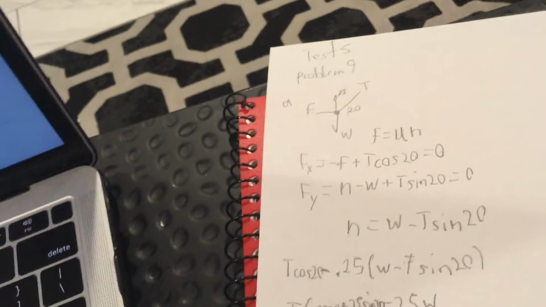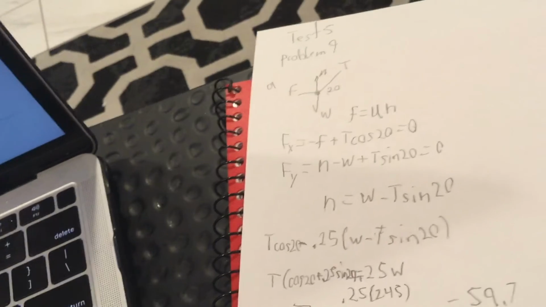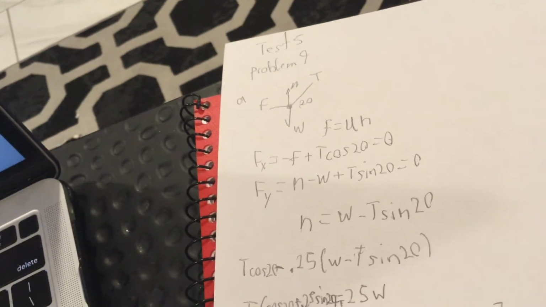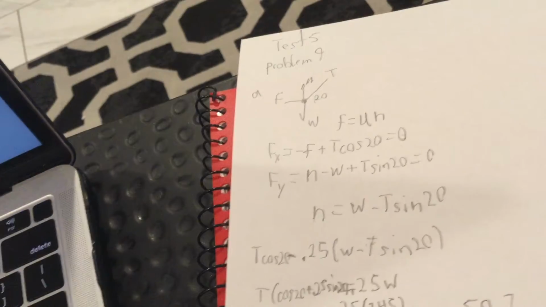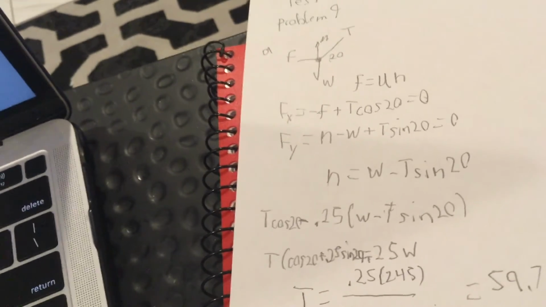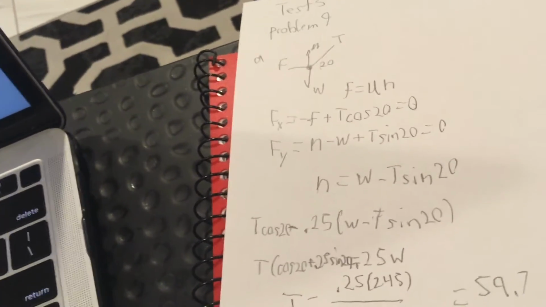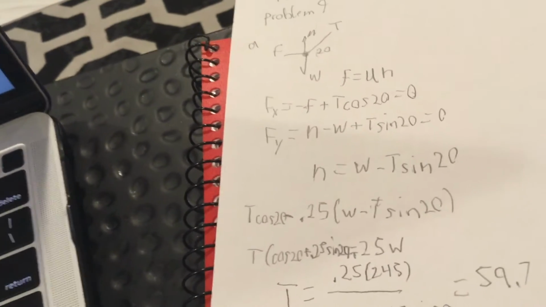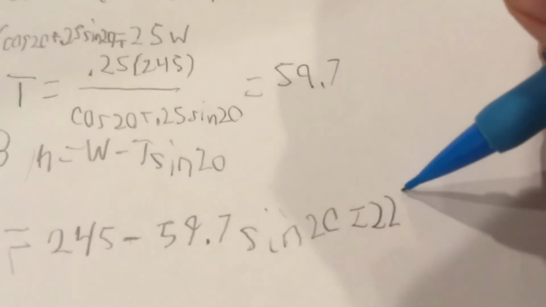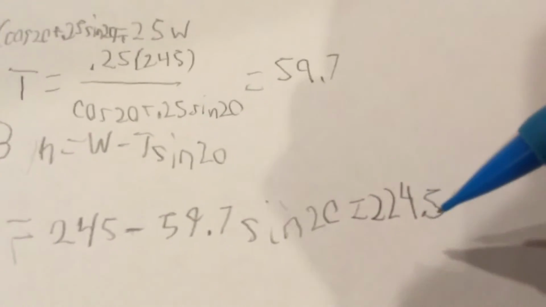Let's plug it into the calculator and see what we get. We got 224.5, which rounds to 225, and that's going to be in newtons.